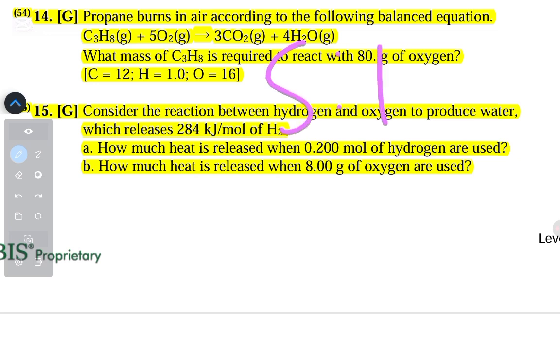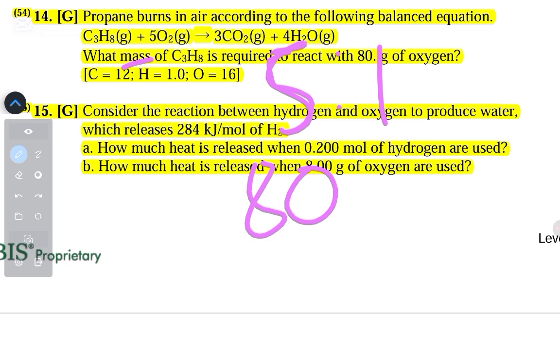Like I said before, you could just make oxygen into moles. They give 80 grams of oxygen and they want the mass of C3H8. We have 5 moles of oxygen, and we multiply by the molar mass to get the grams.